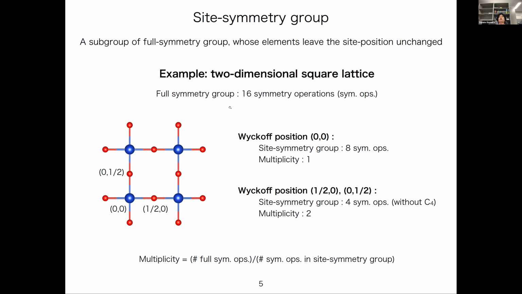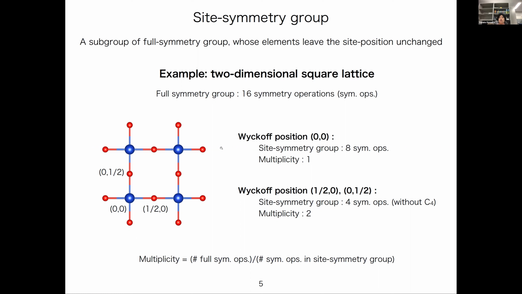In total, we have 16 symmetry operations. No, sorry, it is wrong. In total, we have 8. So here 16 is a typo. We have 8 symmetry operations.